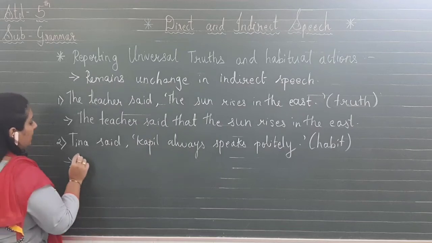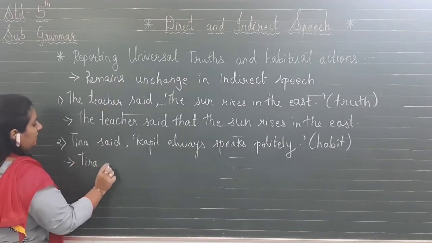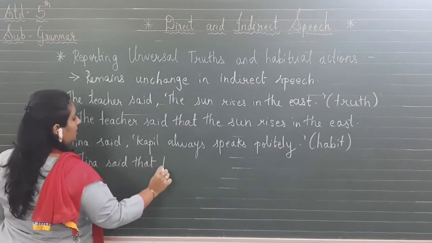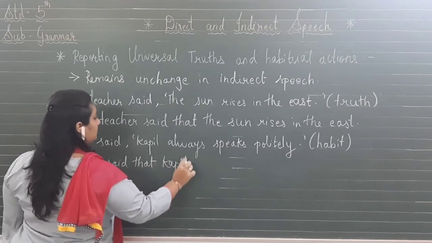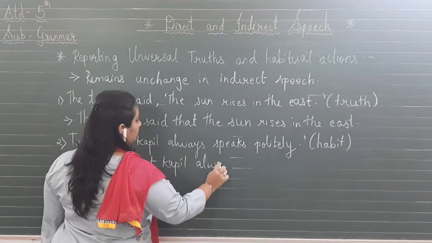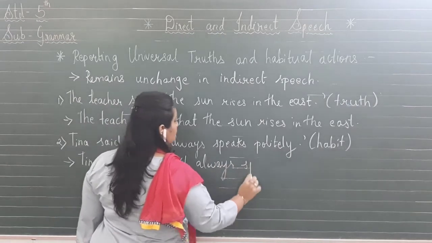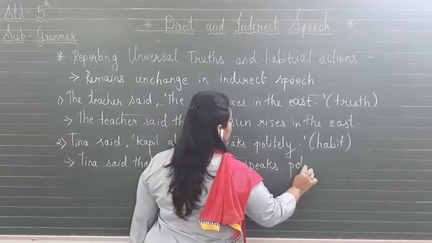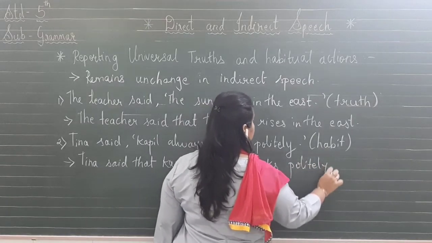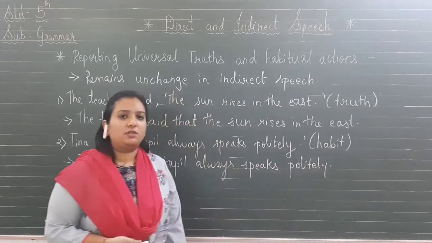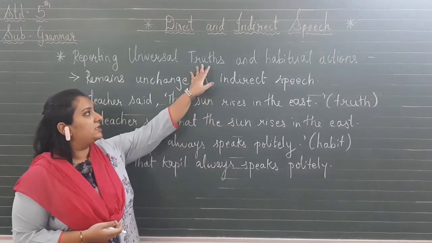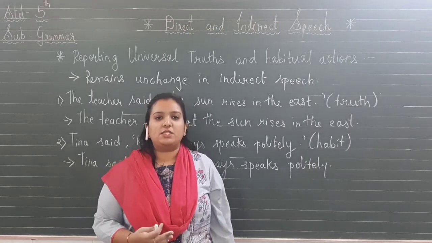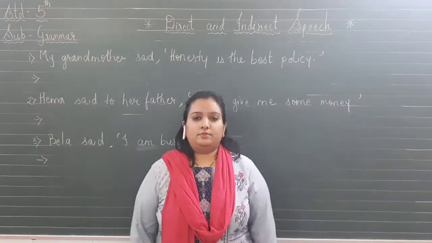The statement will become: Tina said that couple always speaks politely. So I hope you have understood that if the statement is carrying a universal truth or habitual actions of people, we don't make any changes from direct to indirect speech.